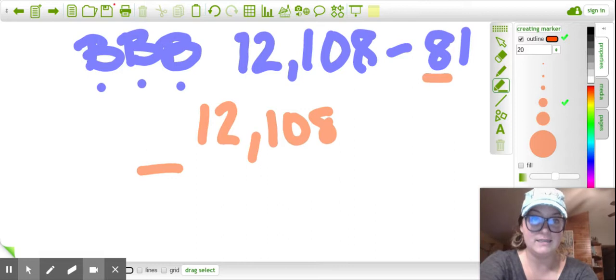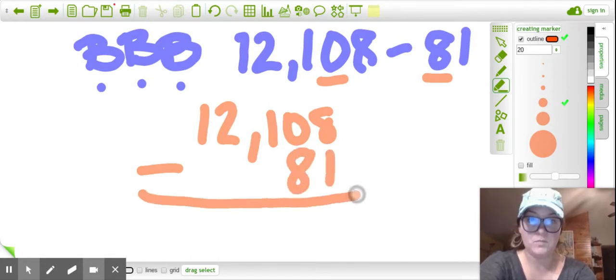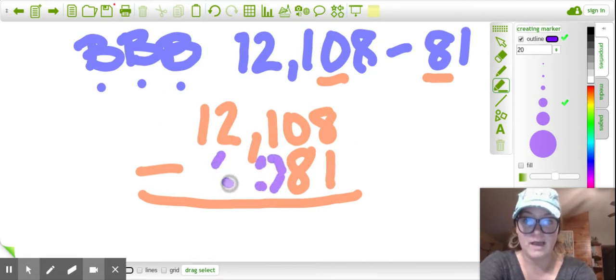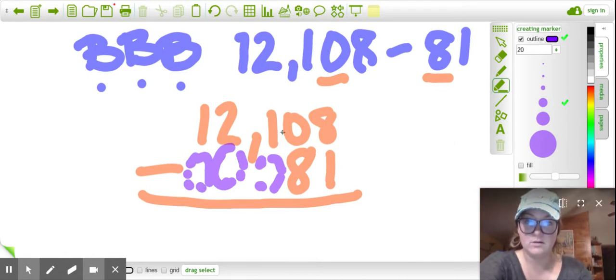That 8 is in the tens place, so it's going to go directly beneath the tens place in 12,108, which is that 0. So minus 81. Again, we've got those imaginary zeros that are holding the place of the hundreds, thousands, and 10,000s. All right, we always start in the ones place. 8 minus 1 is 7.